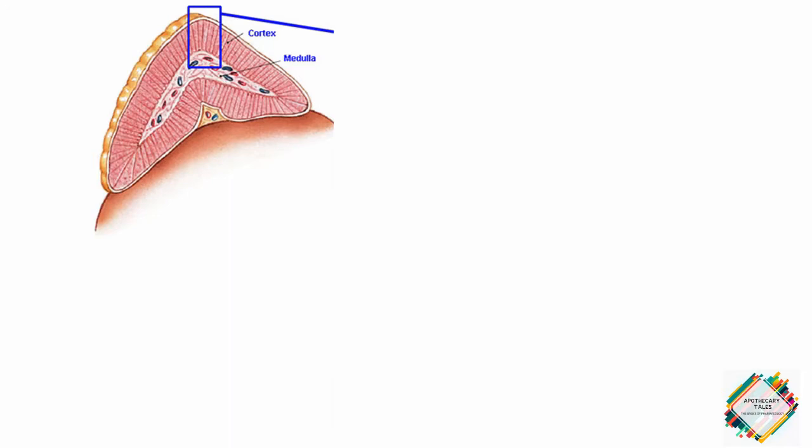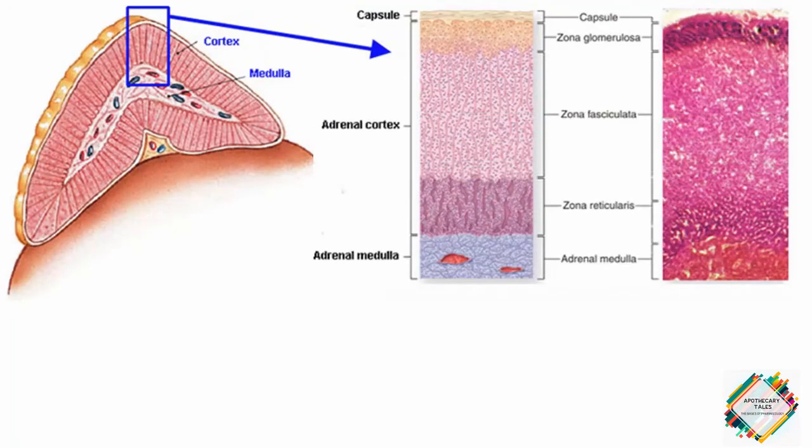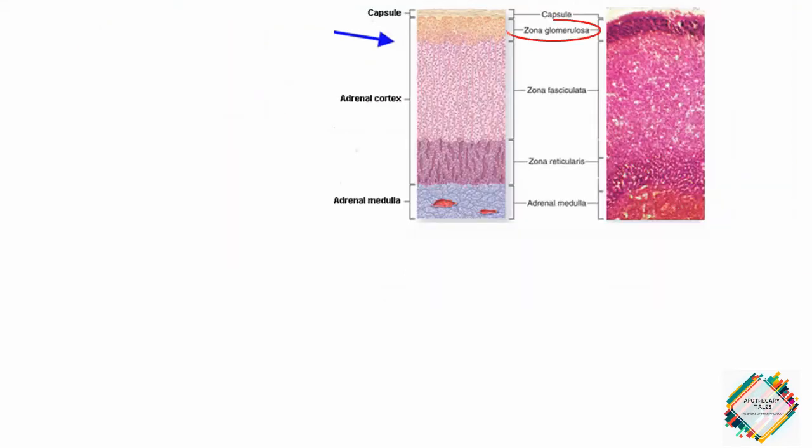So the different zones are the outer zona glomerulosa, then the middle zona fasciculata, then the inner zona reticularis. The outer zona glomerulosa produces the mineralocorticoids, for example aldosterone, that are responsible for regulating salt and water metabolism.